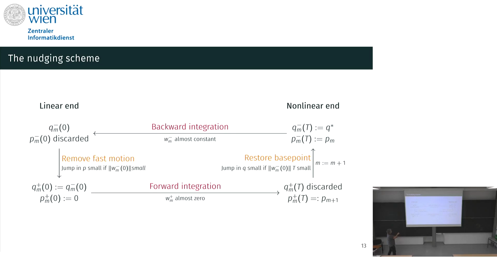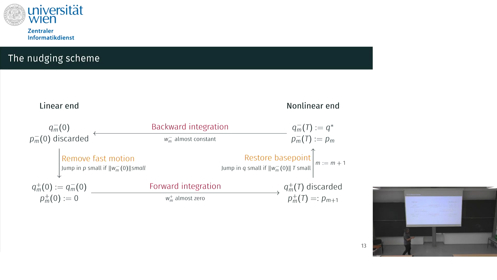So we should look at what happens to the fast variable in the boundary conditions. Here we are setting p to 0, and we should notice that at the linear end, p is really the fast variable. So p is w at the linear end, and the jump that we are introducing here, the discontinuity if you want, in this cycle, is small if we started with something small.